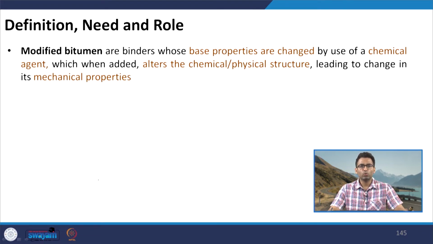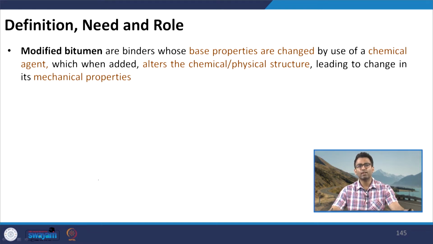If we want to define modified bitumen, we can define it as binders whose base properties are changed by the use of a chemical agent, which when added alters the chemical or physical structure, leading to a change in its mechanical properties.